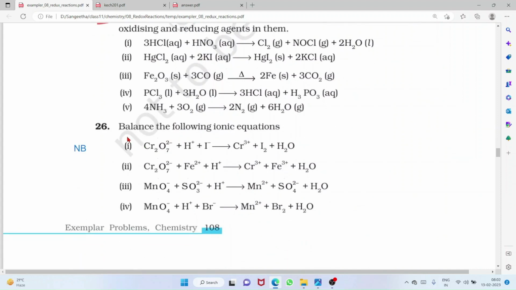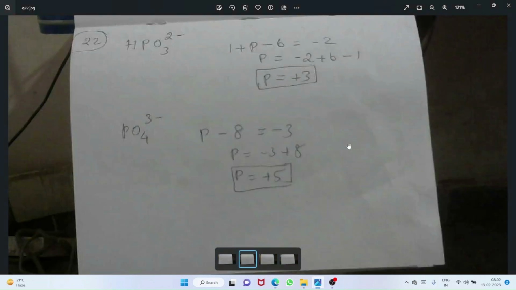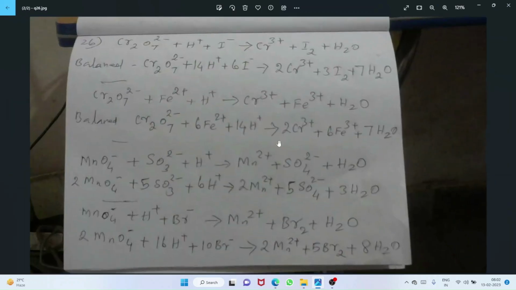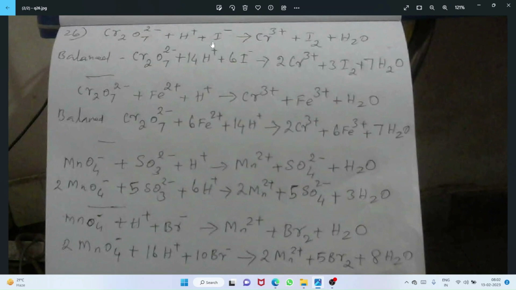And balance the following basic ionic equations. So I will show you the equation and you can try to solve yourself. Okay, this is the balanced equation. You can write it down and you can try to solve yourself.